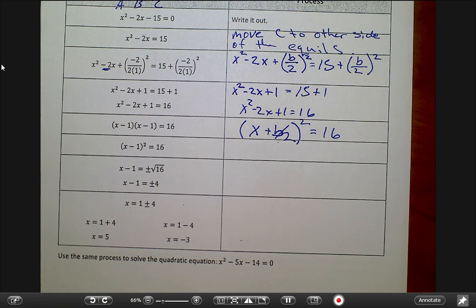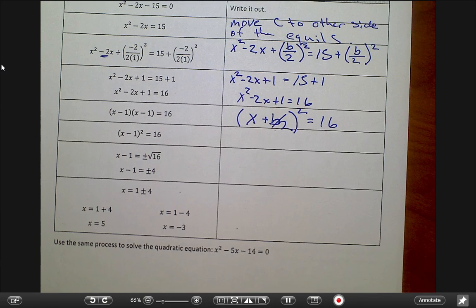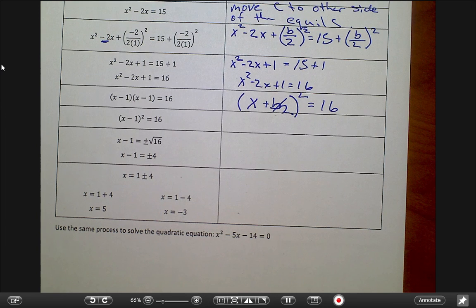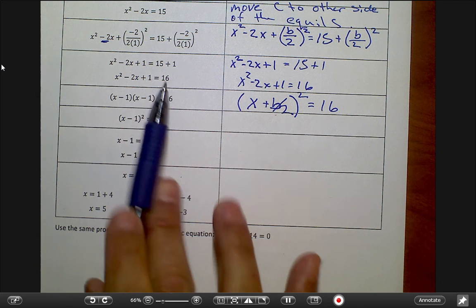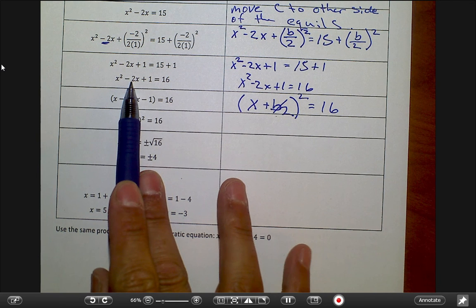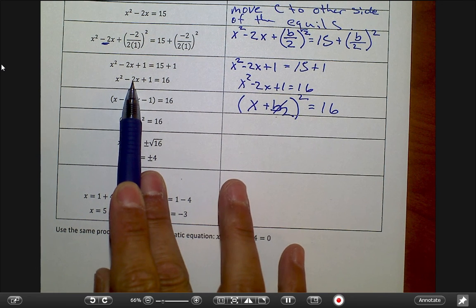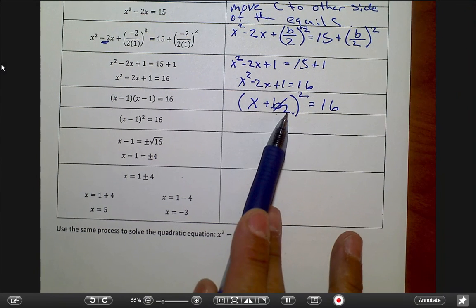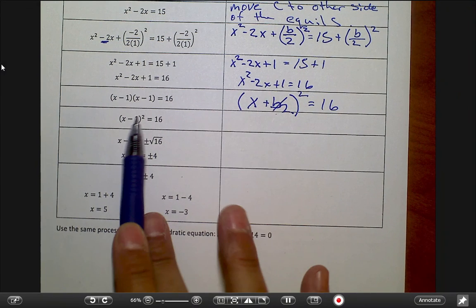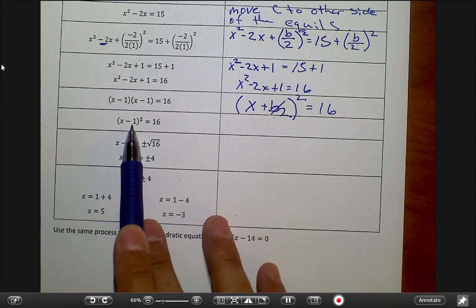I made my b a little bit too big. Sorry. So in my case, b is -2, isn't it? So b is -2. -2 divided by 2 is -1. That's where we get this.